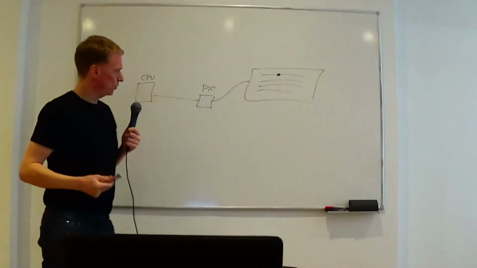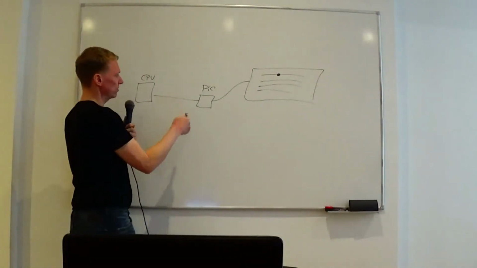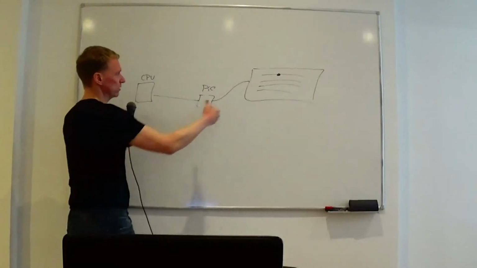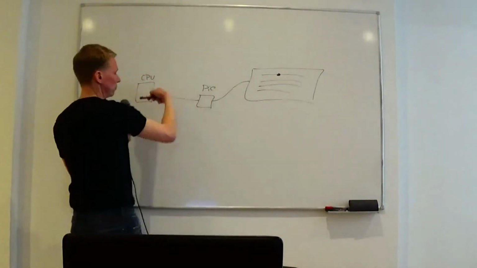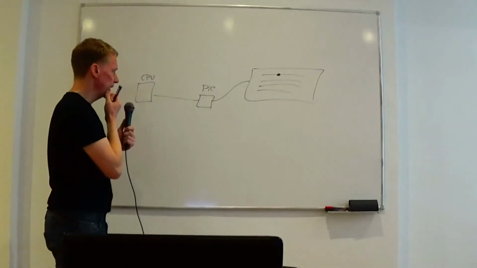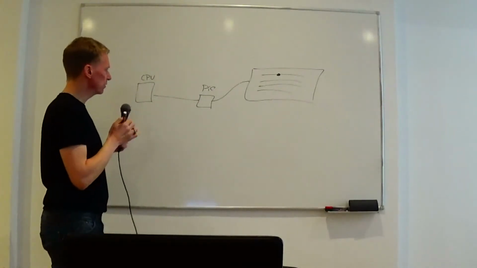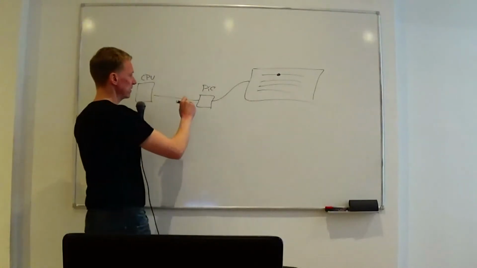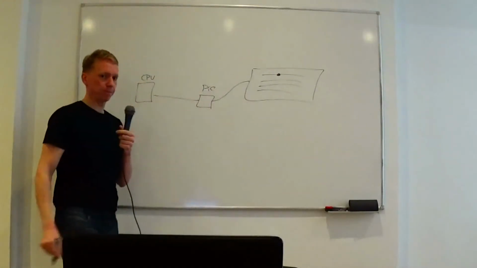As I said before, when you start your computer, the PIC is set so that it will not pass this information through to the CPU. We will have to talk to the PIC and tell it to give us this information.